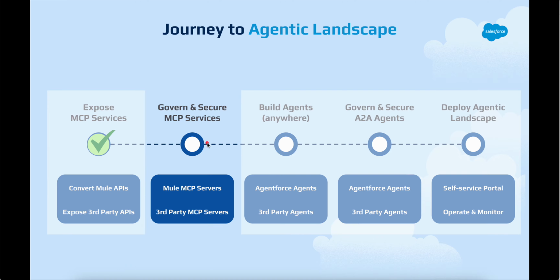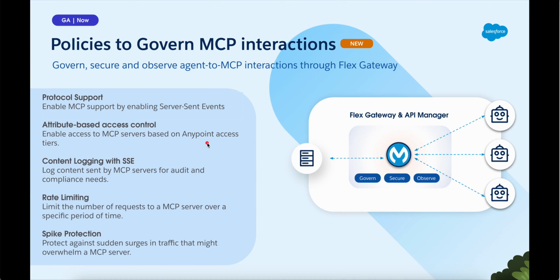Let's take a look. This was the governing part where we have now used policies after deploying the MCP services or even external MCP servers. Bring it into the MuleSoft Flex Gateway and apply the policies you need.